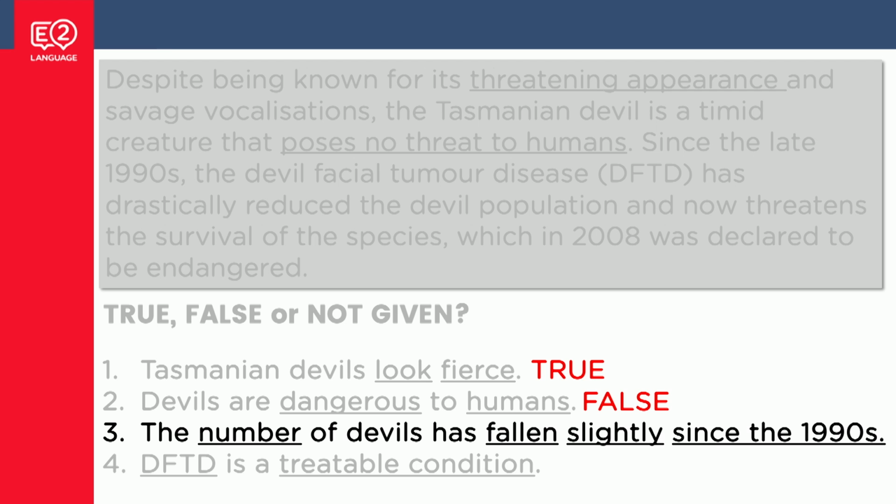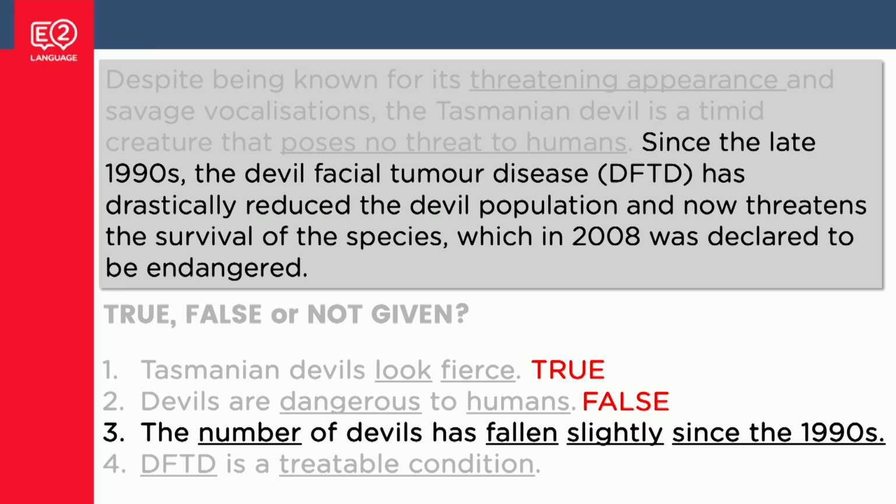Question 3. The number of devils has fallen slightly since the 1990s. Scan for 1990s. Here it is. And slow down and read. Since the late 1990s, the devil facial tumour disease, DFTD, has drastically reduced the devil population and now threatens the survival of the species, which in 2008 was declared to be endangered.